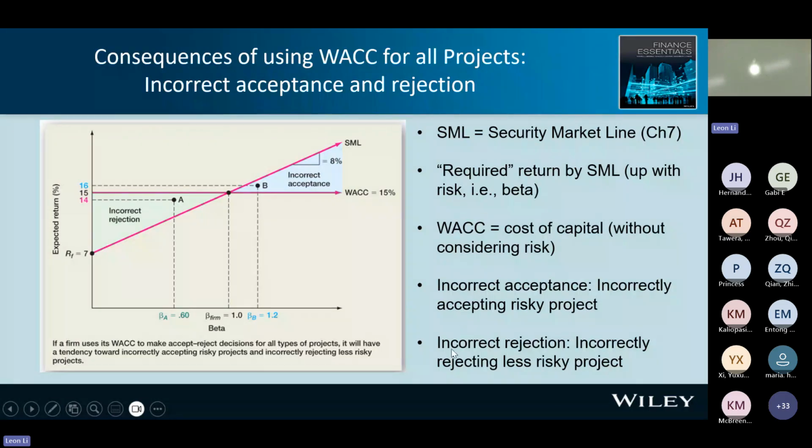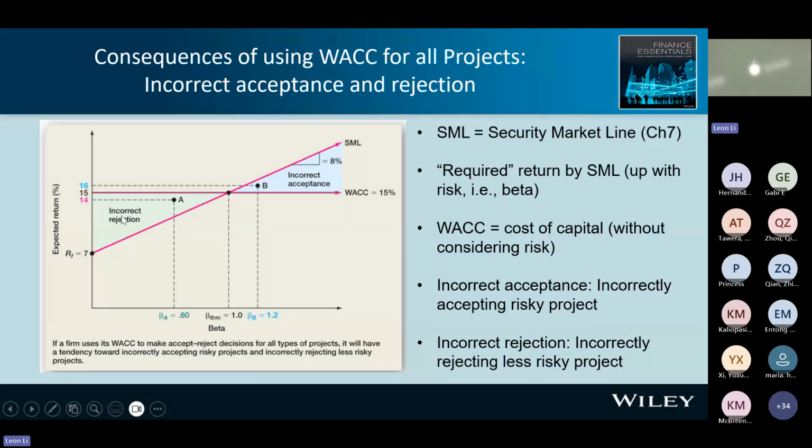Then incorrect rejection. Here, this triangle is incorrect rejection. For example, at this point, using the WACC, the return is under the cost of capital, so we reject. But if you use the security market line, the return is higher than the required return, so we should accept.